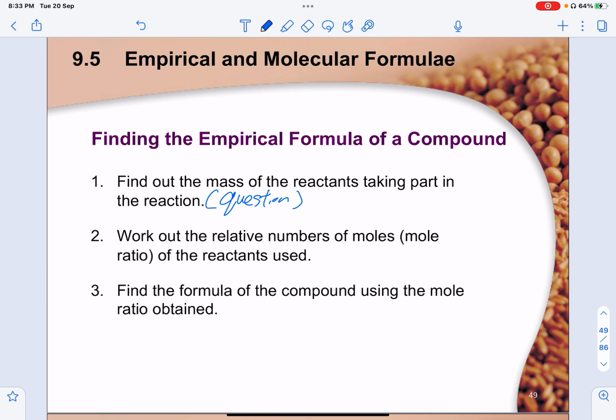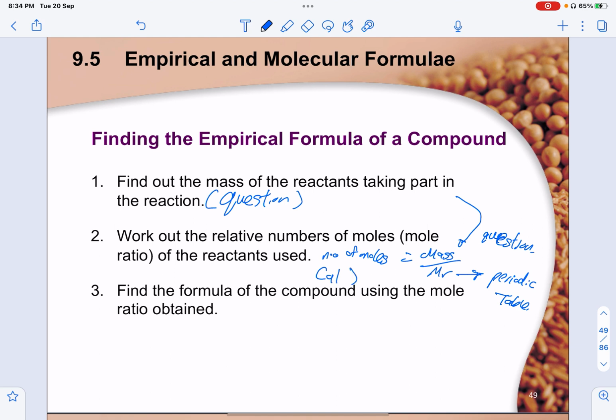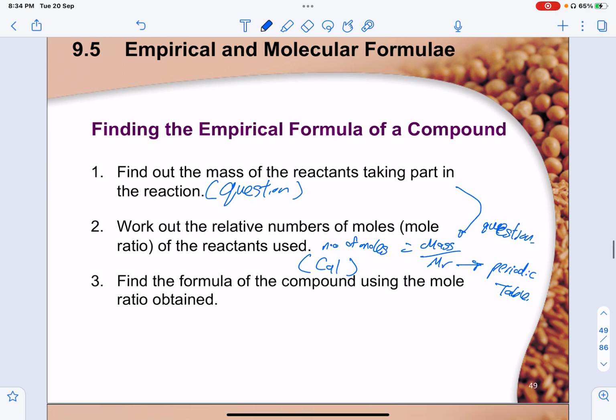We use the formula number of moles equals mass over MR. The MR or AR generally is from the periodic table. The mass is from the question. And of course, the number of moles you calculate. Then from there you simplify the simplest ratio to find the formula of the mole ratio obtained.